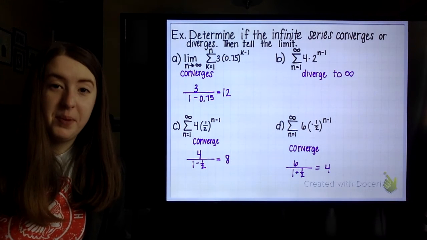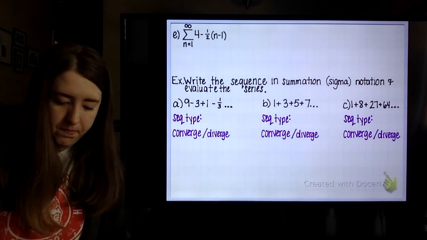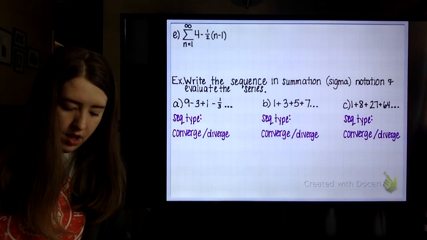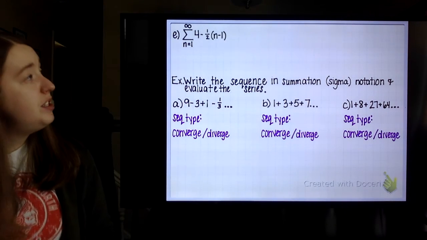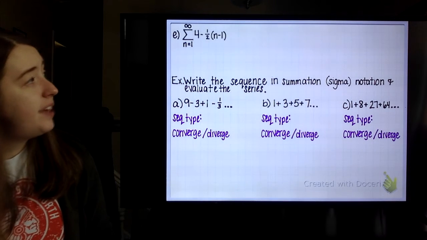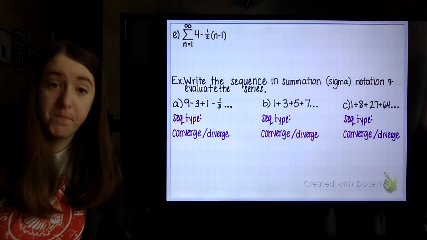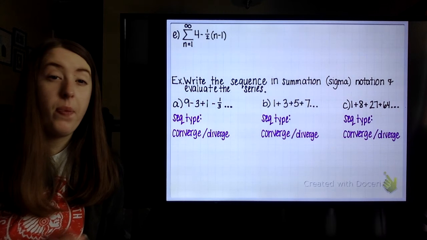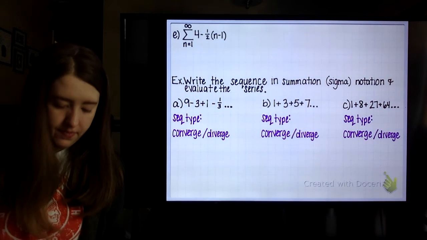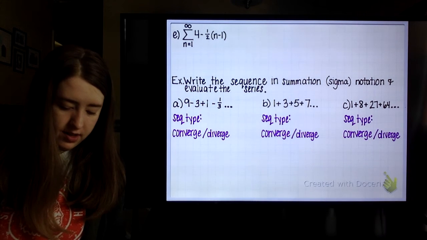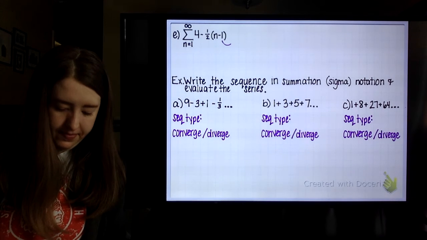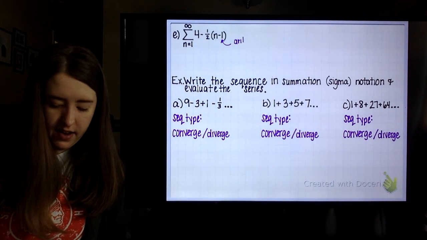Last one in this example. We have the sum from 1 to infinity of 4 minus 1/2 times n minus 1. Okay, so this time, this one is not geometric. It's arithmetic.